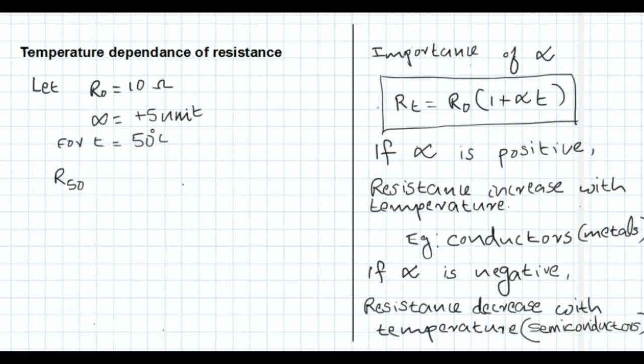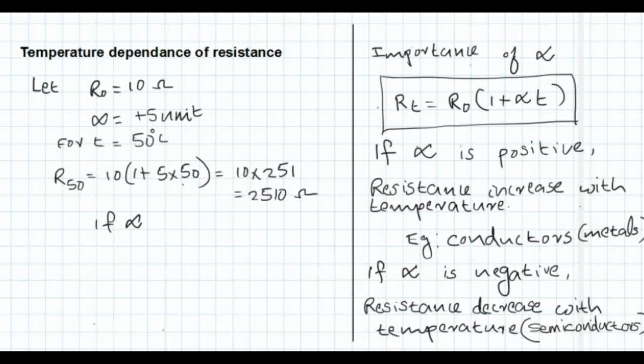RT means R50, that is the resistance at 50 degrees Celsius, is equal to 10 into (1 plus 5 into 50). So this is 10 into (250 plus 1), which is 251. So 10 into 251 is nothing but 2510 ohm. This is the resistance for a positive alpha value.